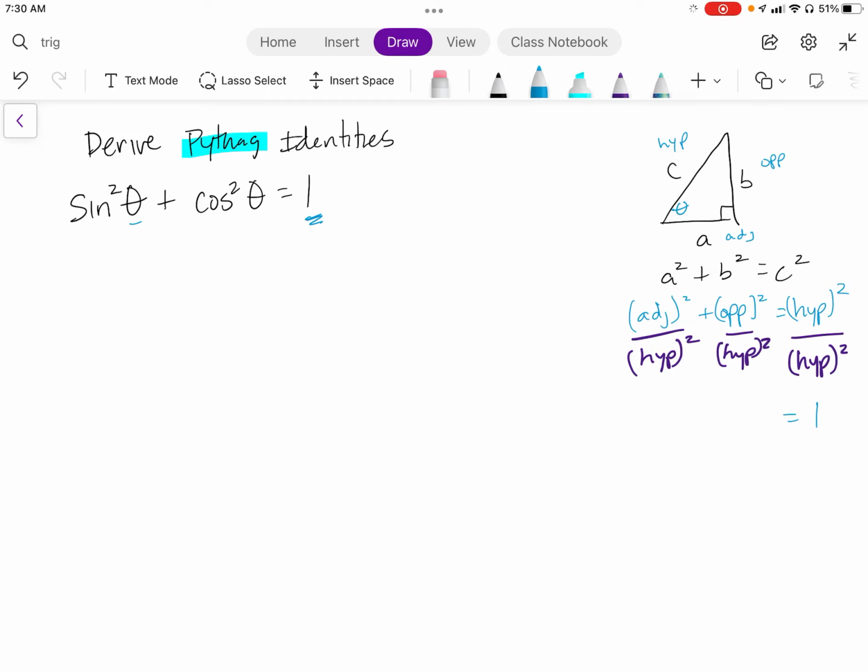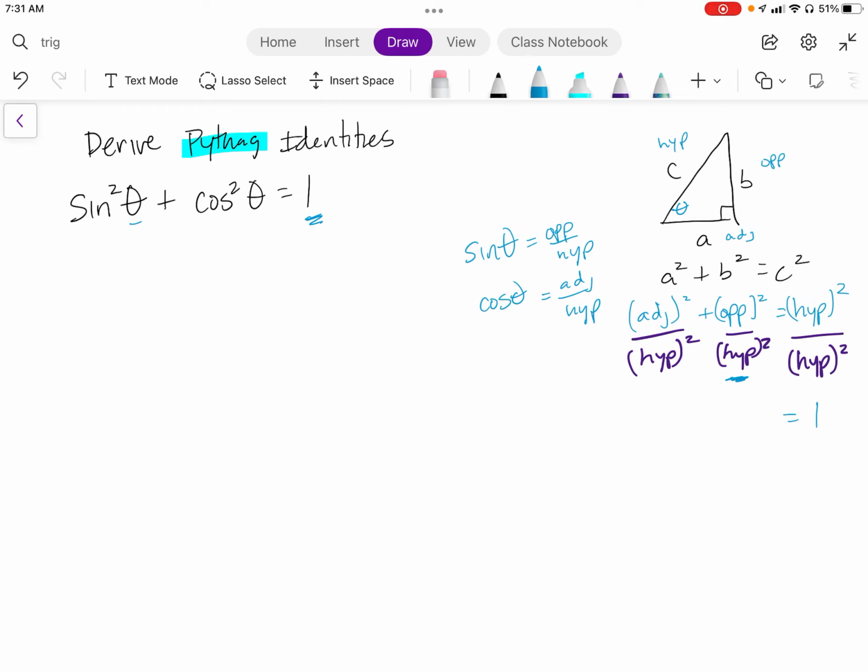Well, it takes a little work. For instance, I see sine squared is first, and that's over h, right? Sine theta is opposite over hypotenuse, and cosine theta is adjacent over hypotenuse.